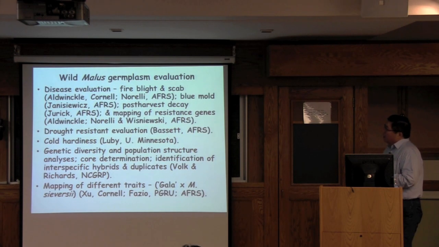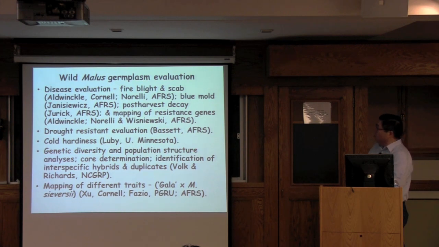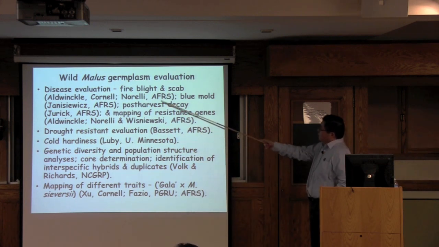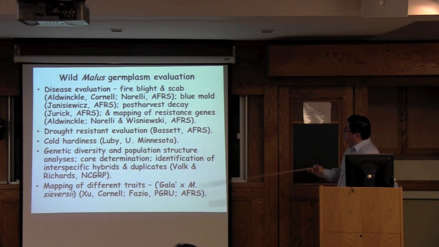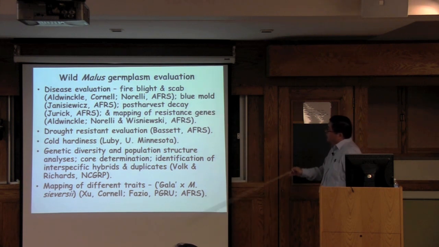I want to talk a lot more about the wild Malus material and the evaluation we have done in the last 20 years. A tremendous amount of disease evaluation work has been done in the last 20 years, evaluating against fire blight, scab, blue mold, and postharvest decay.